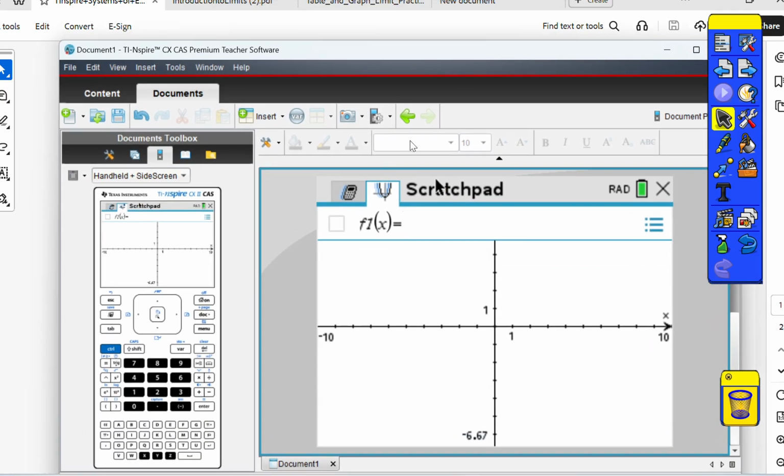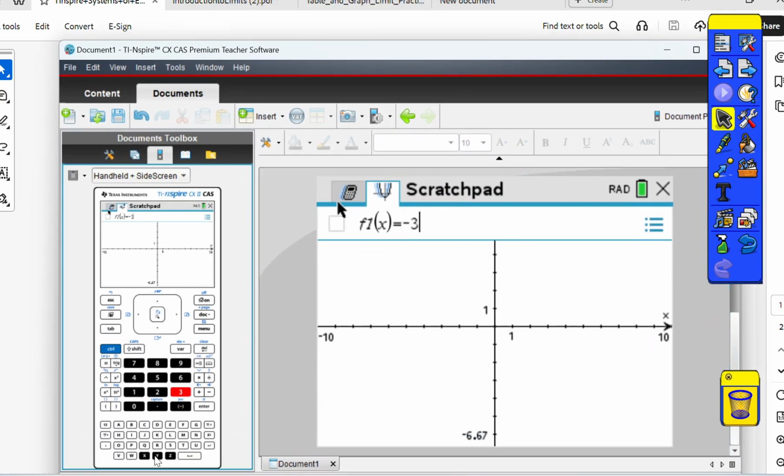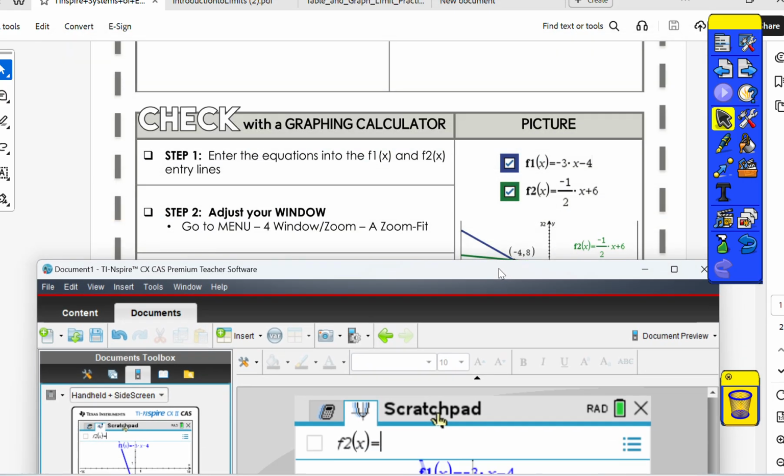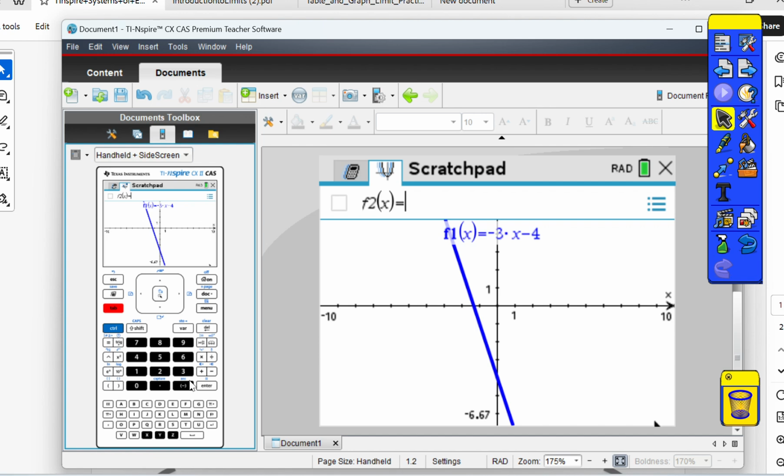Negative 3x minus 4 was the first one. Line 1. Press tab. Second one was negative 1/2 x plus 6.